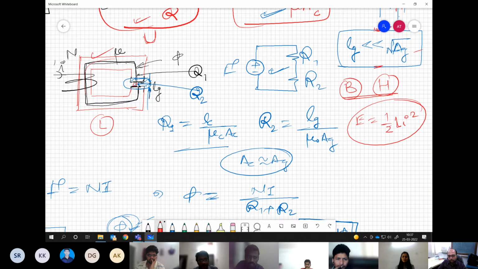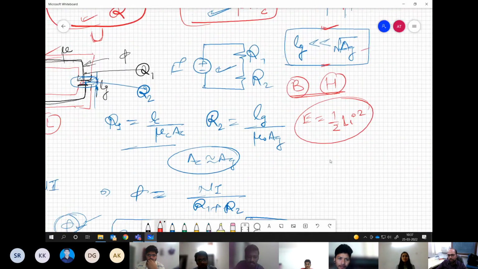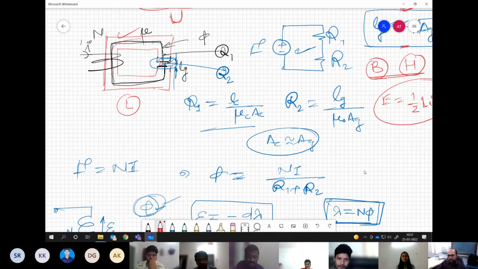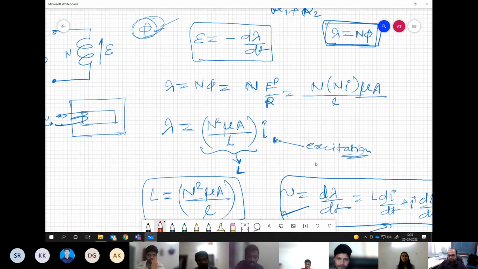Is it uniformly stored in the system, or is it confined somewhere more and somewhere lesser? More in the air gap. Yeah, Ajay? More in the air gap. Why do you say that? Right? This is what we need to have. No, the general understanding should be there about this.